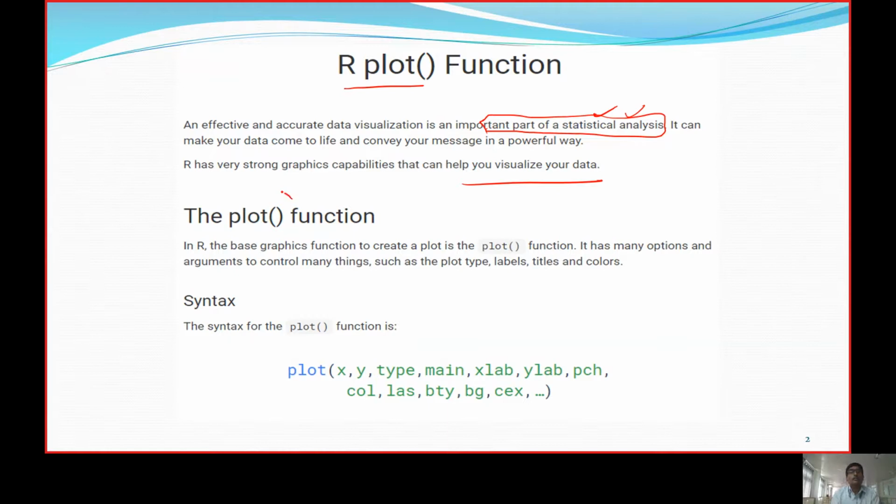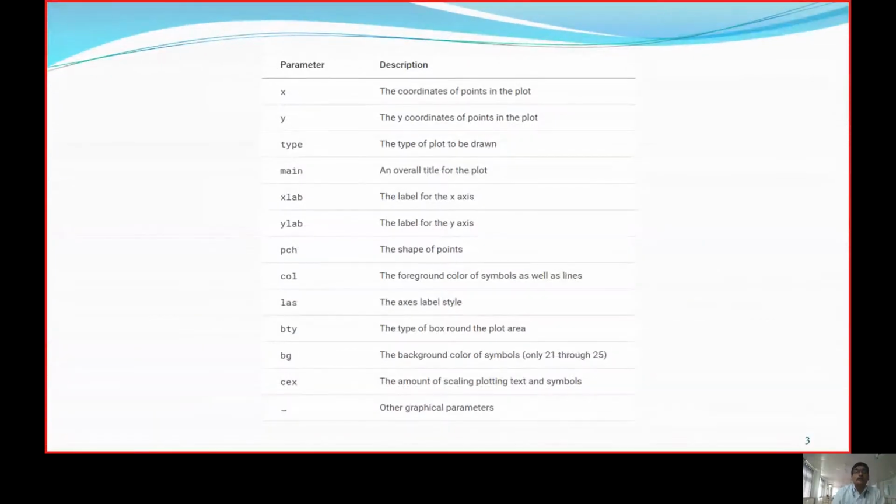The plot function is defined with plot, open and close braces, and the syntax of the plot function has x, y, type, main, xlab, ylab, pch, col, las, bty, bg, cex, etc. Now let us look into each and every module in detail. When we put up a graph, we interpret a two-dimensional graph, so we need to have an x-axis and a y-axis.